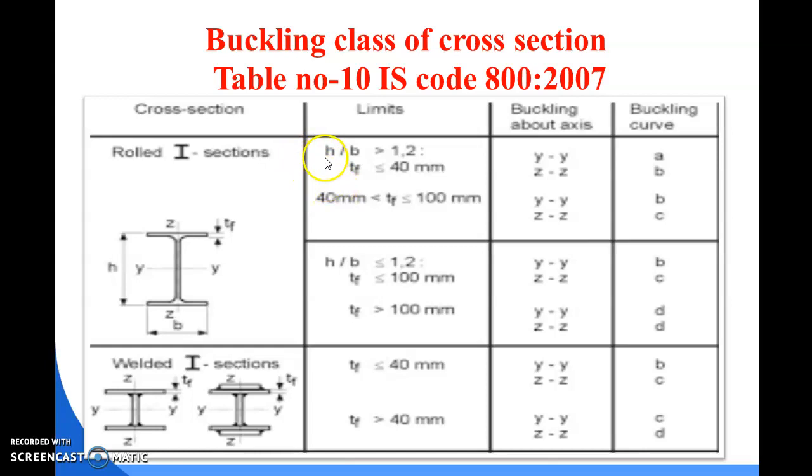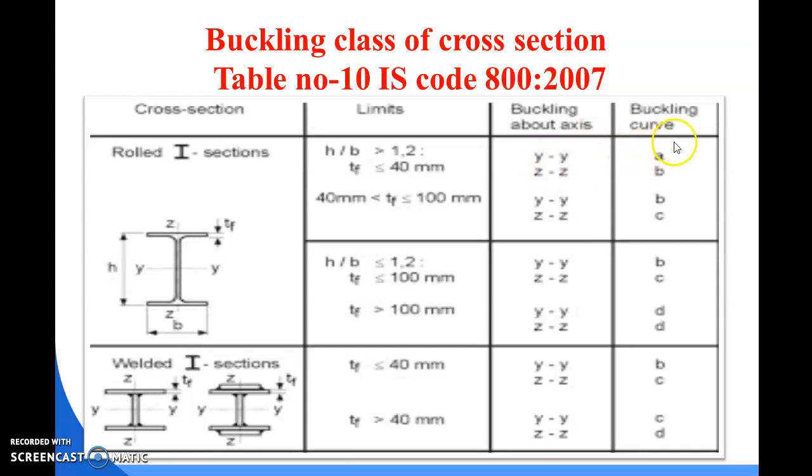So the first condition is your h by b should be greater than 1.2. If it is satisfied, then the buckling about the axis of this I section will be in YY axis.